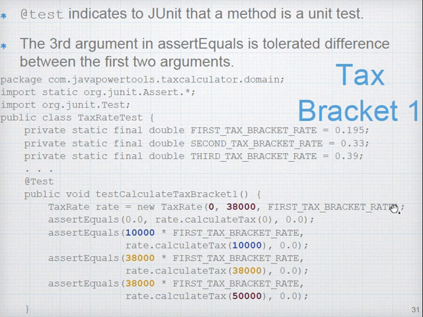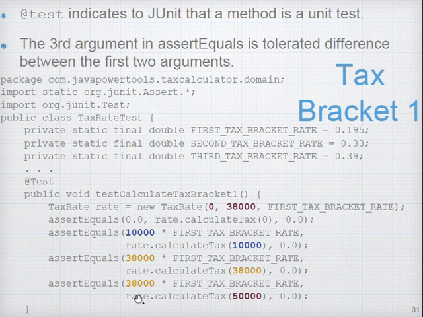The first tax bracket rate is captured in this tax rate variable. If I use this tax rate variable to calculate the first tax bracket portion of $50,000, it is still 38,000 times the first tax bracket rate.